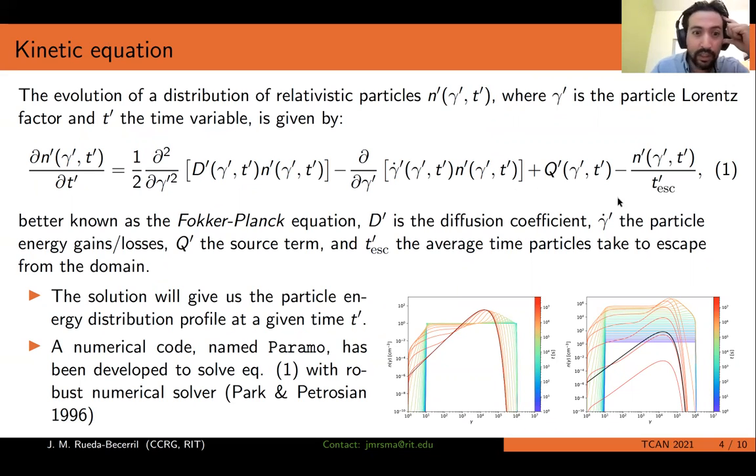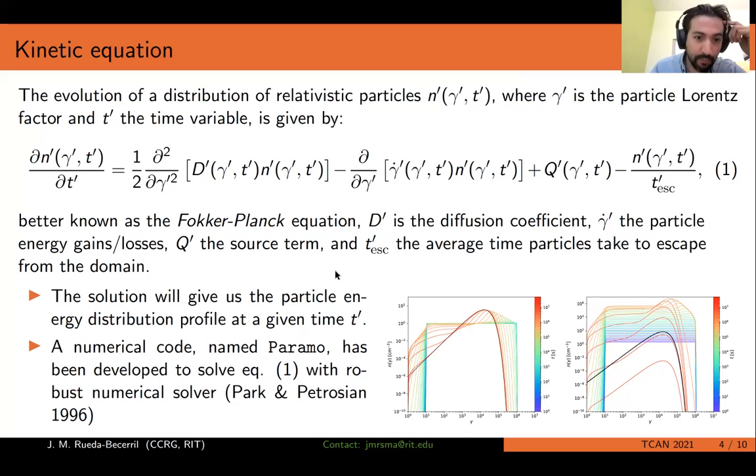So in the code that I developed, I solved the full Fokker-Planck equation with a sophisticated numerical solver. In the code we can take into account the diffusion processes, the energy diffusion processes, energy gains and losses. We can also include source terms and escape of particles.